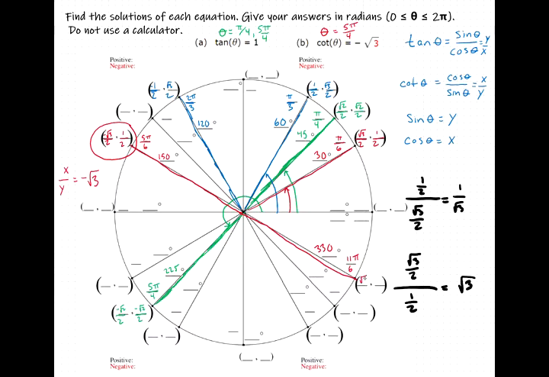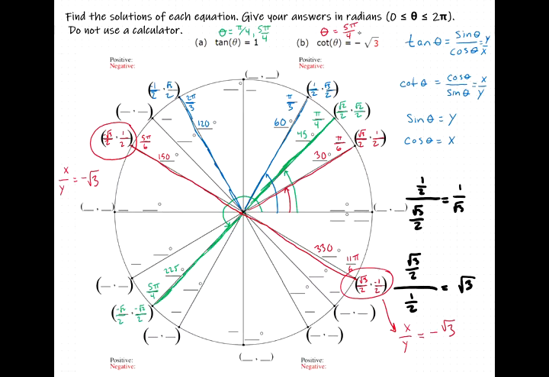So that would be a positive root 3 over 2 and a negative 1/2. In this case, again, the x divided by the y. Positive root 3 over 2 divided by negative 1/2 would also give you negative square root of 3. So that is another solution to when the cotangent of theta is equal to negative root 3.